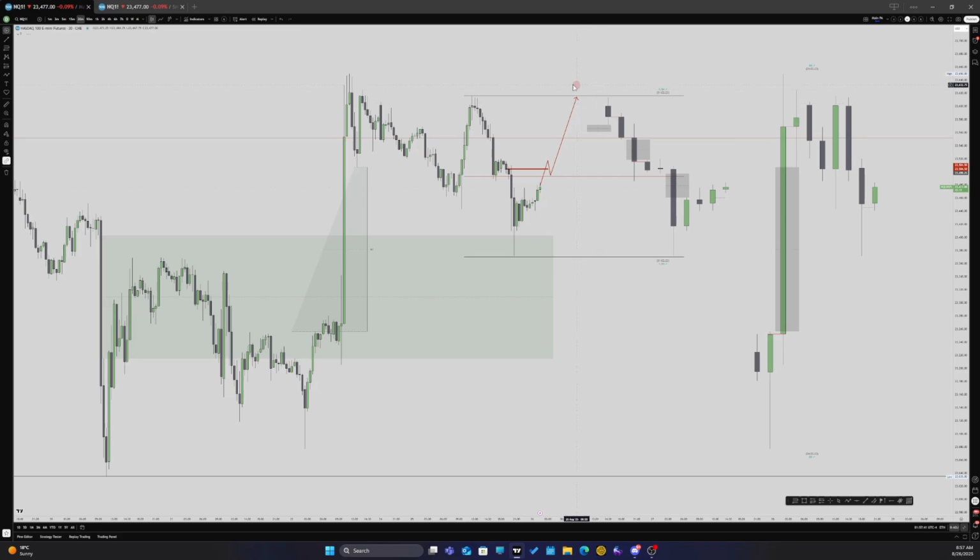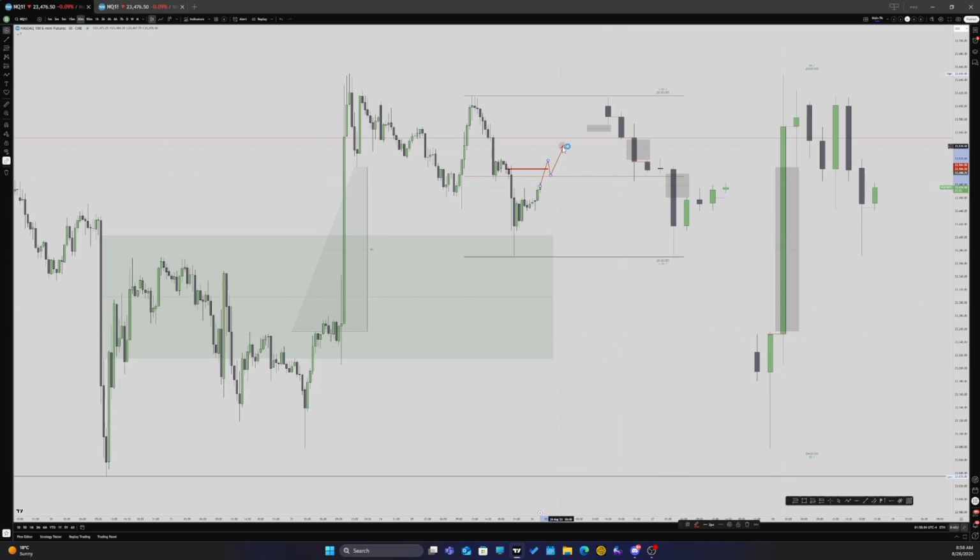But well, it's just to see what happens. In any case, price has taken this liquidity here. We could get stuck into this imbalance here and then go get another leg down into the open of this candle.